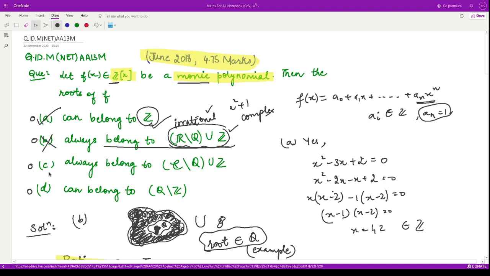Let us see the third option. In the third option, they are saying the roots could belong to C minus Q. Now C minus Q, what kind of set is this?